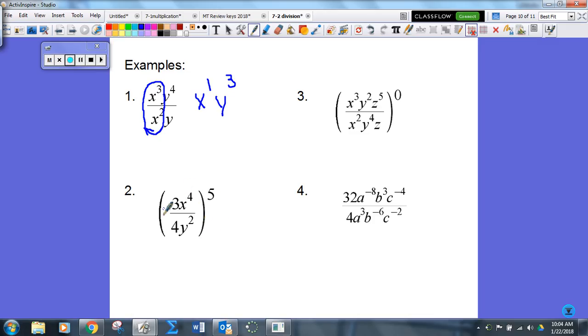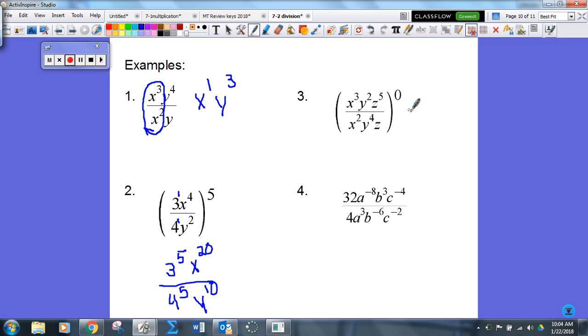Here, they are all being raised to the power of 5, so that is 3 to the 5th, x to the 20th, because I'm multiplying the exponent on the outside by the exponents on the inside, over 4 to the 5th, y to the 10th. And in this case, I'm actually done.